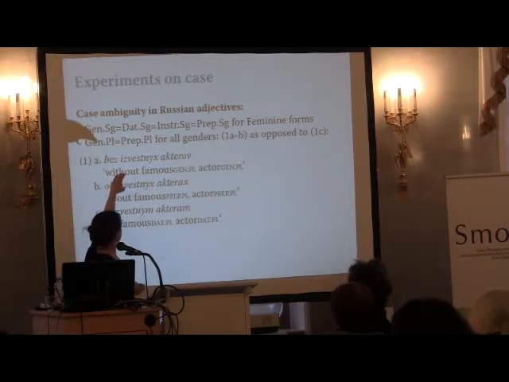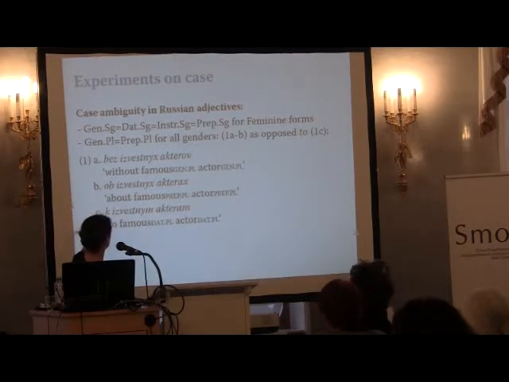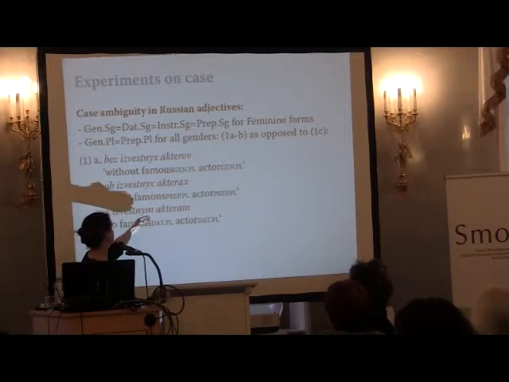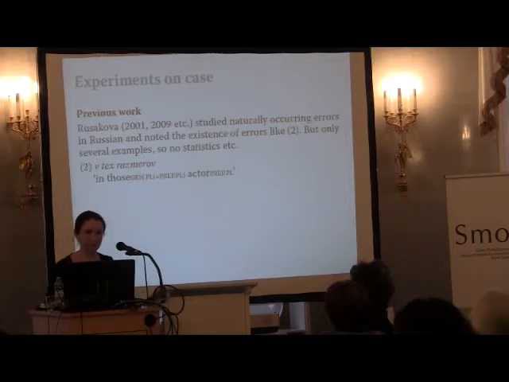And this form, известных, is also used in prepositional plural. Об известных актерах. And just to give you some other control example, this is the dative plural, к известным актерам, to famous actors, and this adjective form does not coincide with genitive plural and prepositional plural.